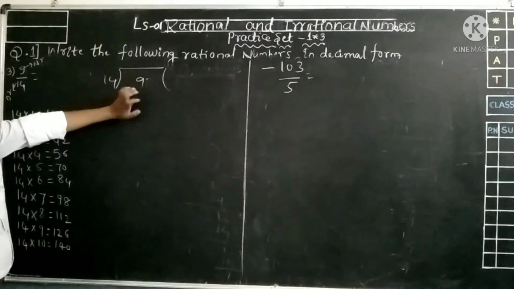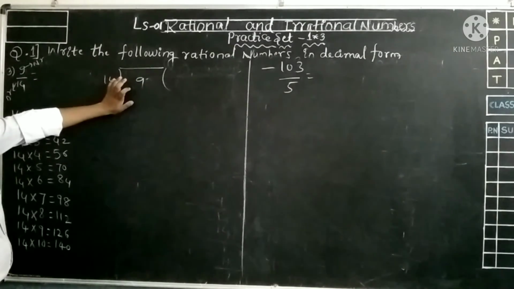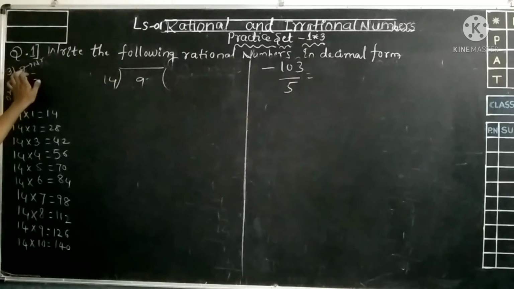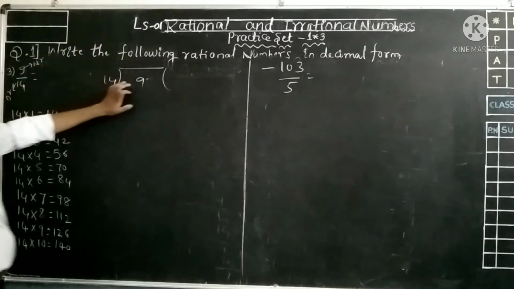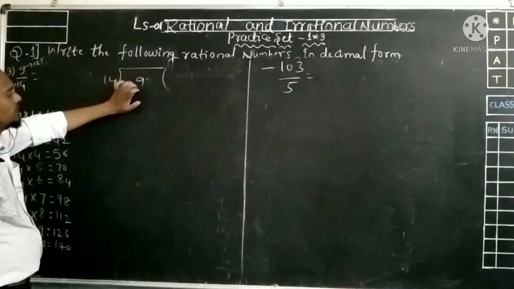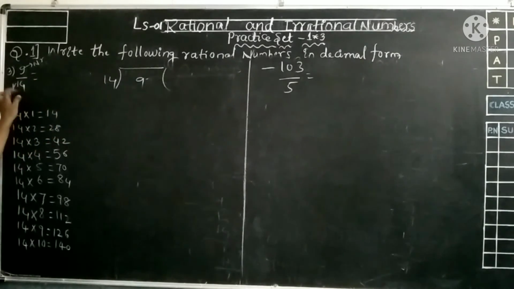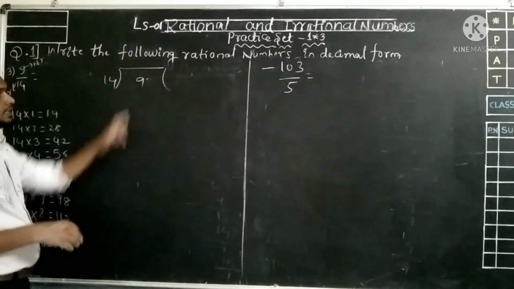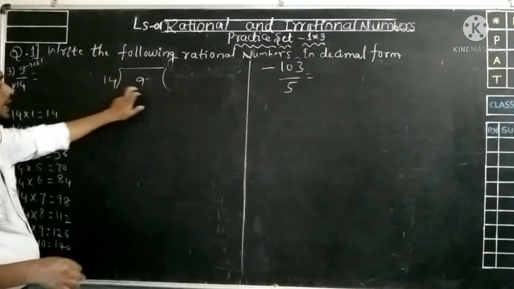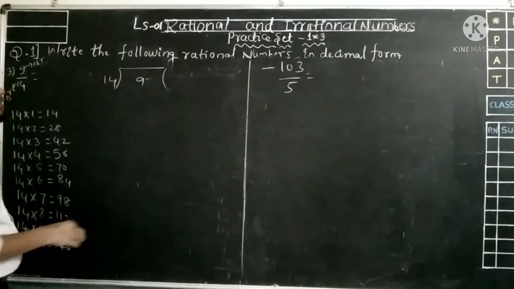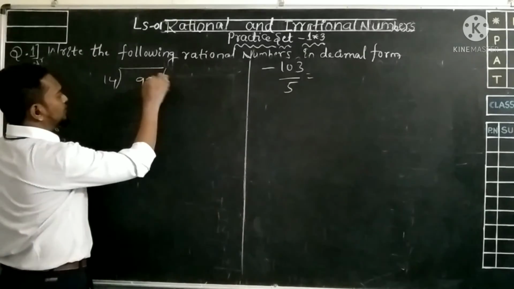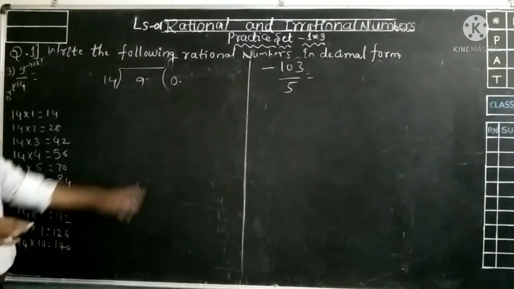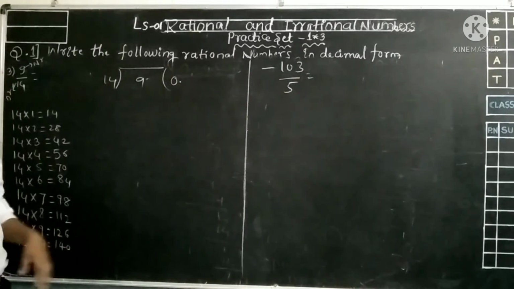Inside the division sign we take 9, and outside the division sign is 14. First of all, 9 is less than 14. Now we will put 0 and a decimal point.